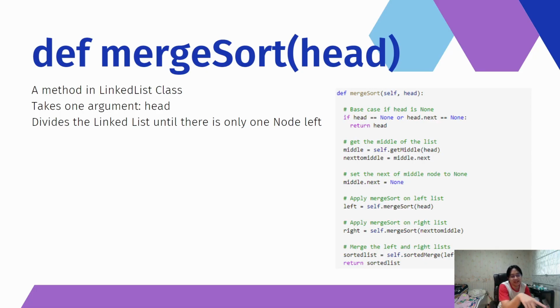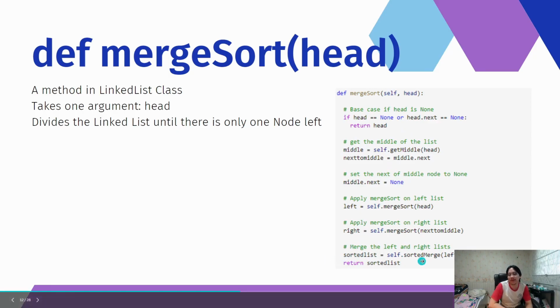And then it sets the left to the merge sort function again, which will divide the node until there's only one node left. And it does the same for the right node. At the end, it will return a sorted list with the function sorted merge, which I will explain in the next slide too.